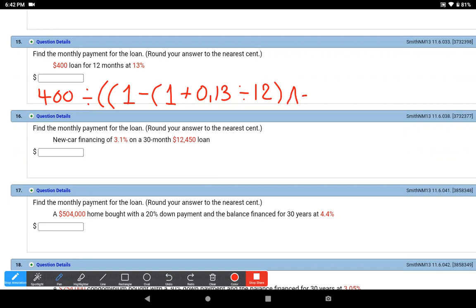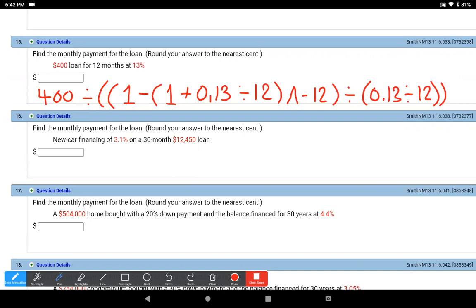Caret negative 12 in parentheses divide by parentheses r divide by n in parentheses. So we're just in this form writing out what you actually stick in your calculator, right?